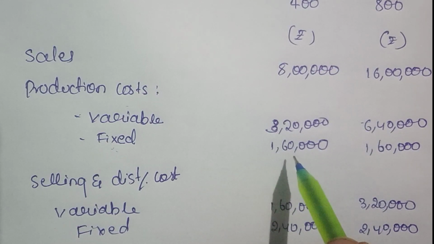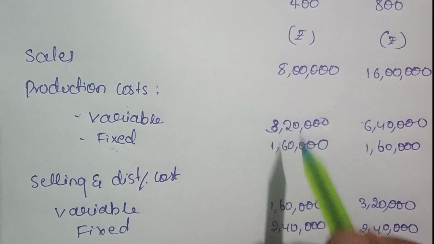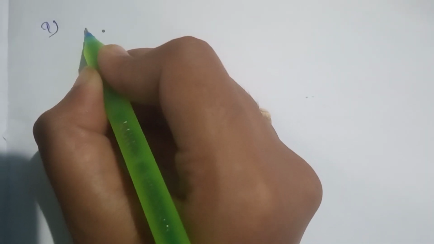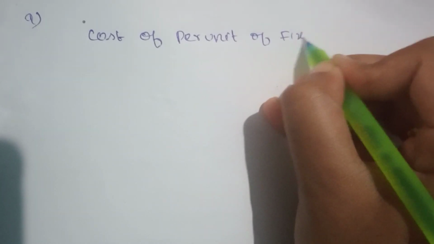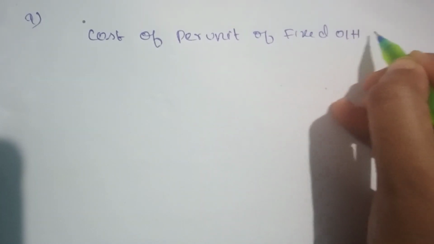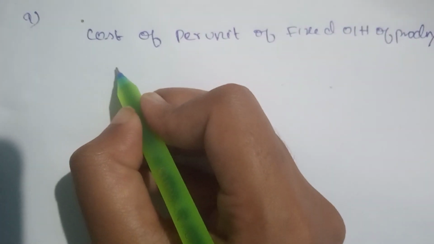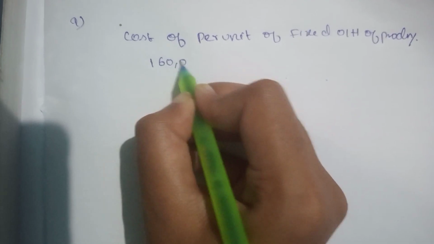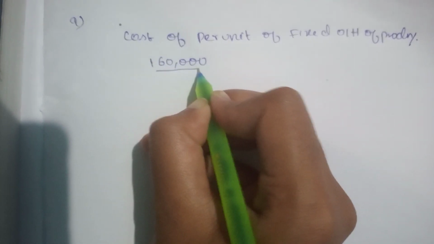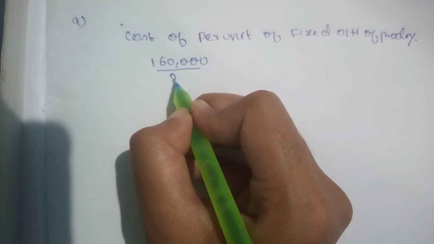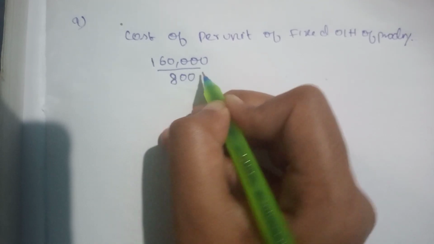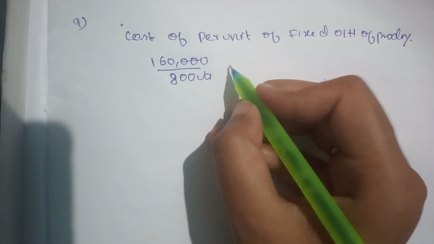That's why we have to find now the cost per unit of fixed overhead of production. 1,60,000 divided by 800 units, which will be produced for 1 year.